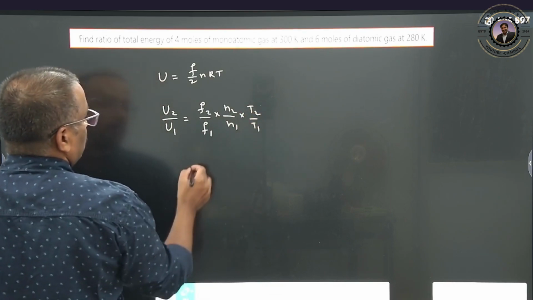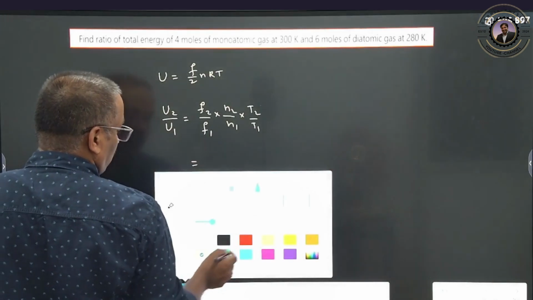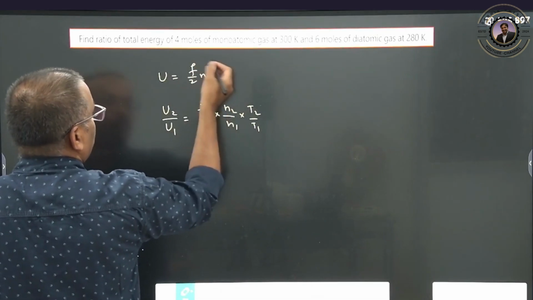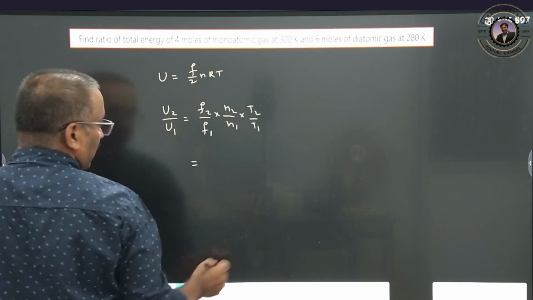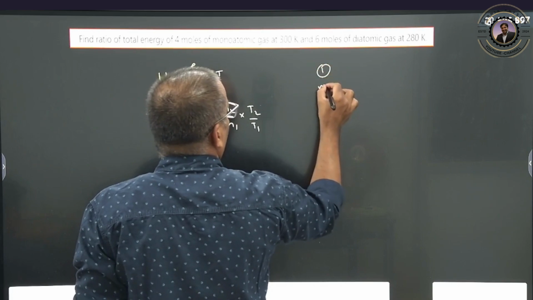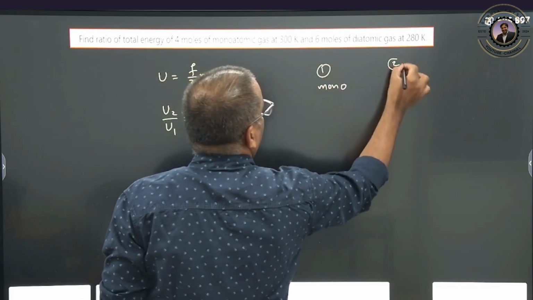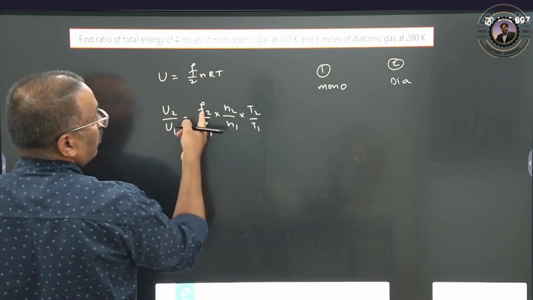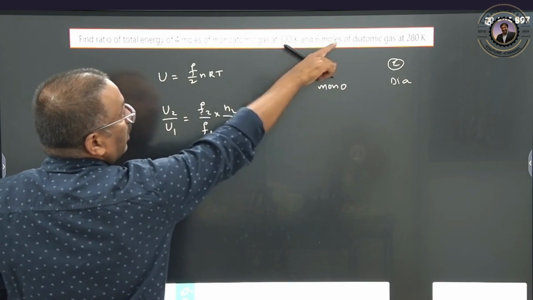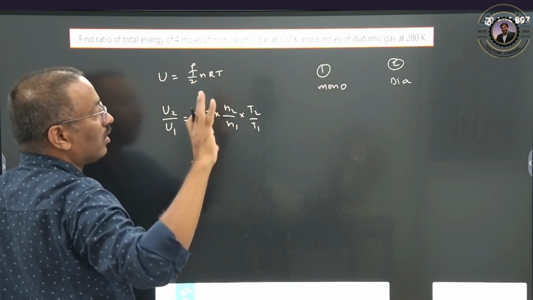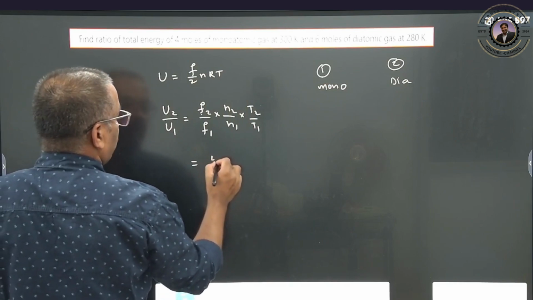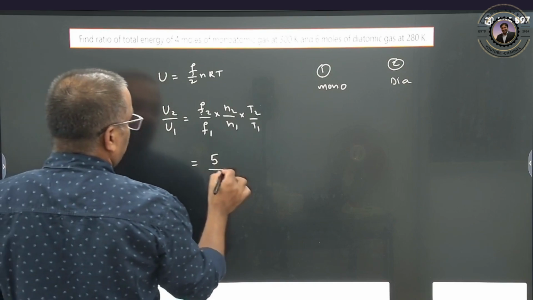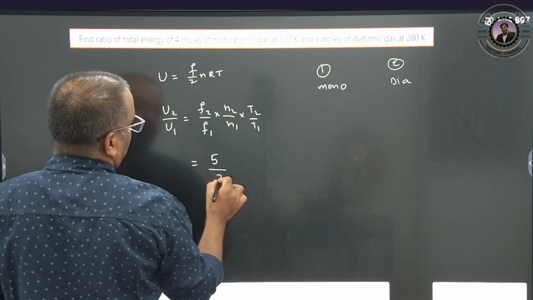Clear? So here you know that monoatomic degrees of freedom is 3. Suppose here we are taking the first one as monoatomic, the second one as diatomic. Clear? So be careful now. Therefore here diatomic is nothing but 5 degrees of freedom. We are not considering vibrational one. So monoatomic is nothing but 3.